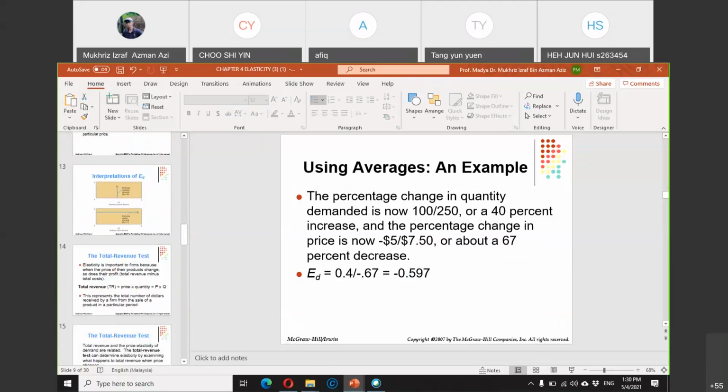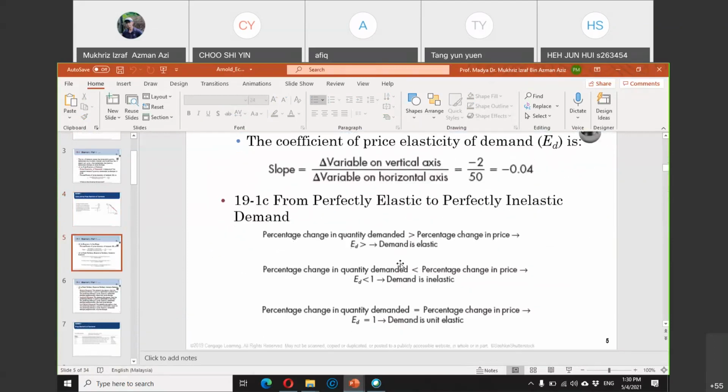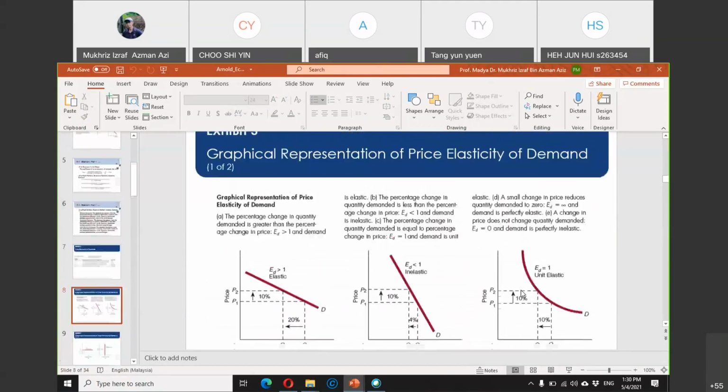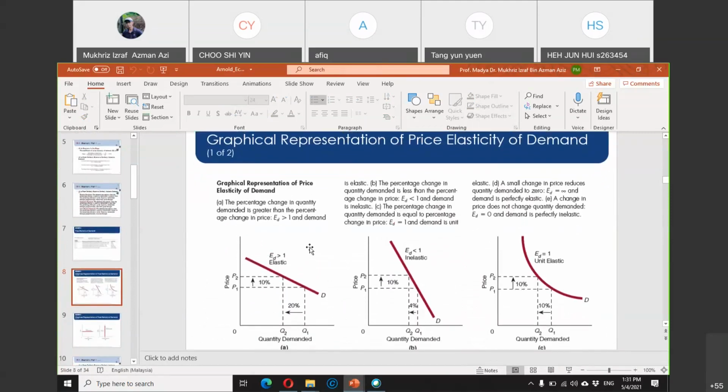Going back to the slide, you have five types of elasticity of demand: elastic, inelastic, unit elastic, perfectly elastic, and perfectly inelastic. The two most common ones are the first two, elastic and inelastic.